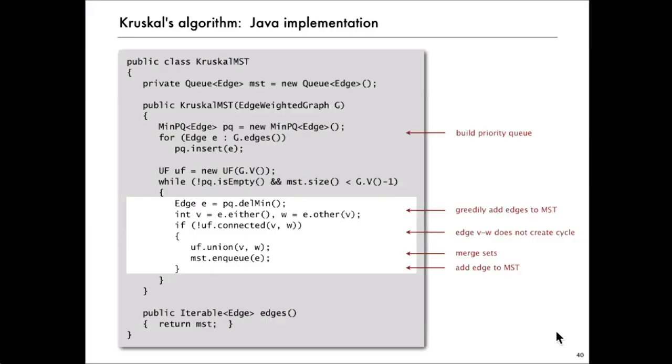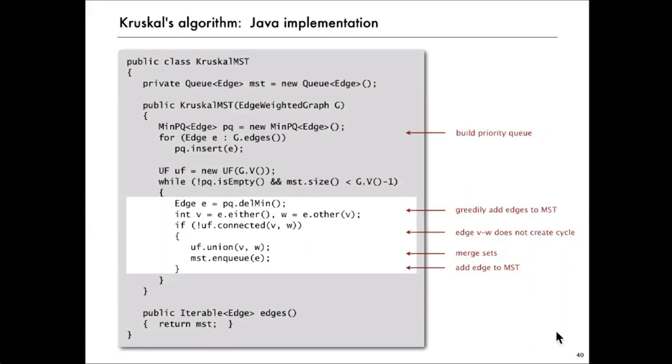Let's see the Java implementation of Kruskal's algorithm. In the first part, we just build a simple priority queue. Then we use union-find for checking cycles in our graph. Let's see the main loop of our algorithm, which is a while loop. We have the edges in the priority queue, and we want to take the smallest one. We want to get its vertices v and w, either and other.